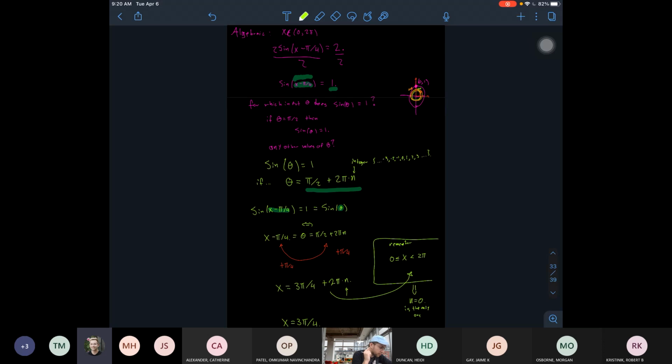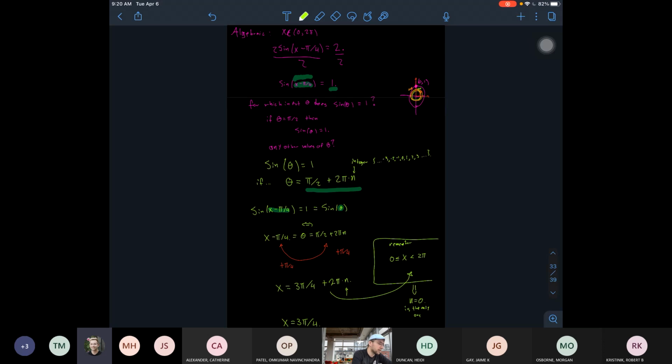We used the fact that sine is a periodic function with period 2 pi, and we used the fact that sine takes value 1 when the input is some pi over 2 plus a multiple of 2 pi. Right? That's really including the periodicity in there.